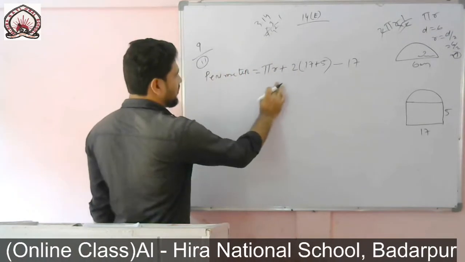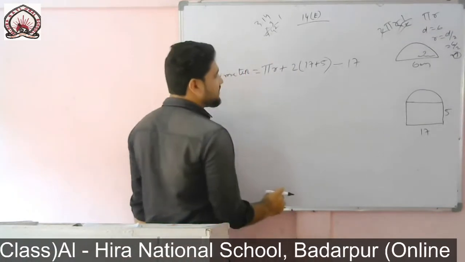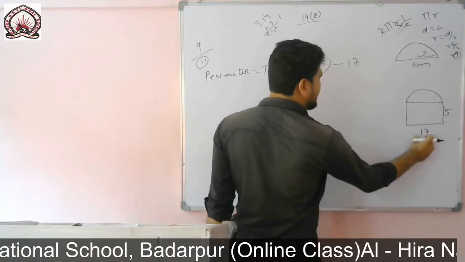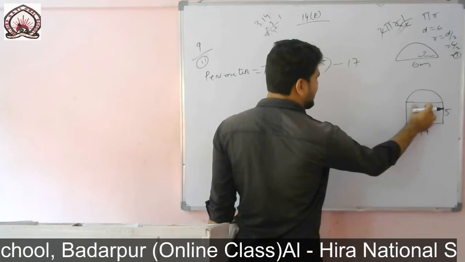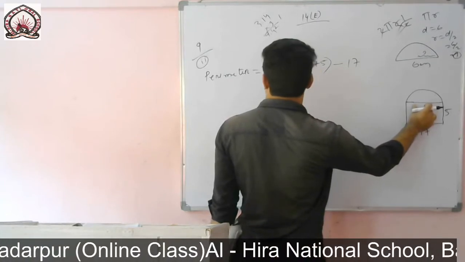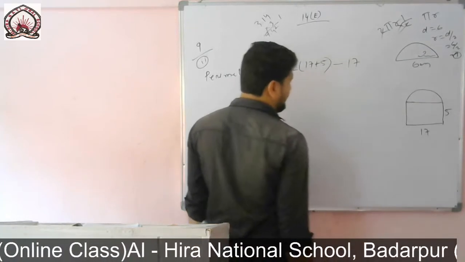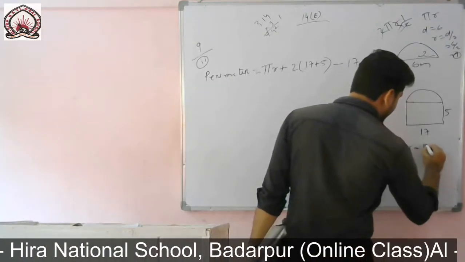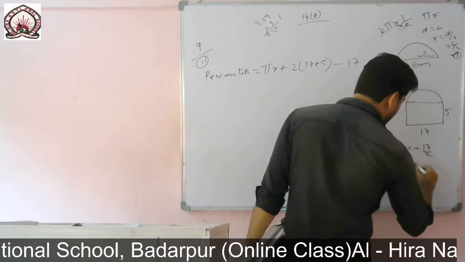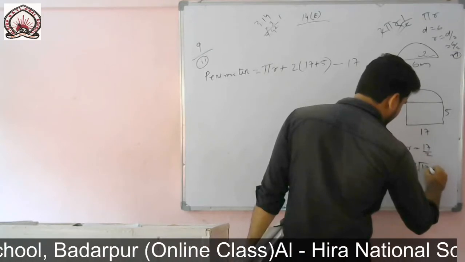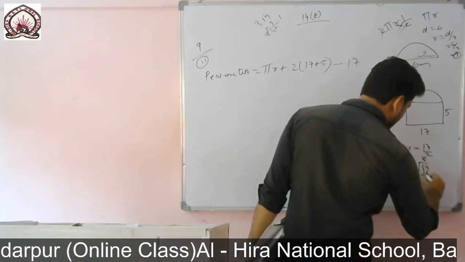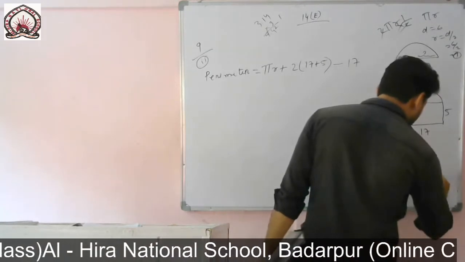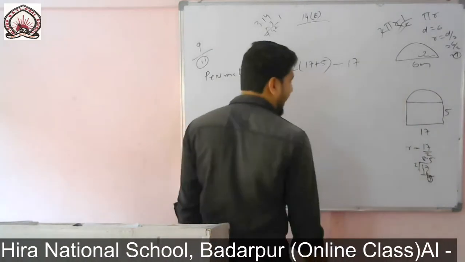So here, if this is the diameter and this is 17, this will also be 17, and radius will be 17 by 2, that is 8.5.